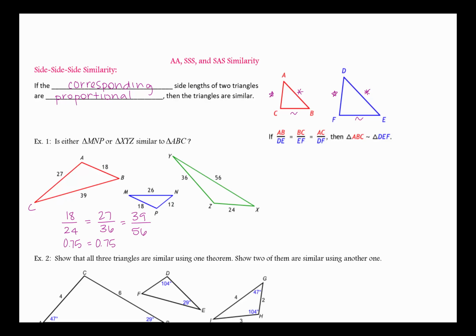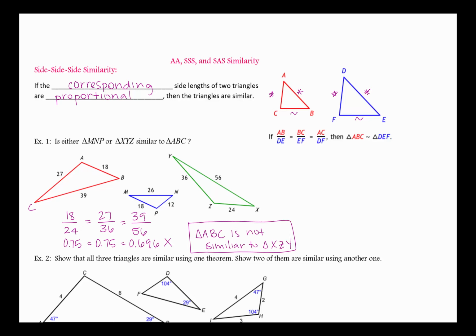But then 39 over 56, if I type that into my calculator, I get a decimal of 0.696, which is not equal. So we know that triangle ABC is not similar to triangle, let's see, we did ABC, so that would be XZY. Okay, so we know for sure that it's not similar.